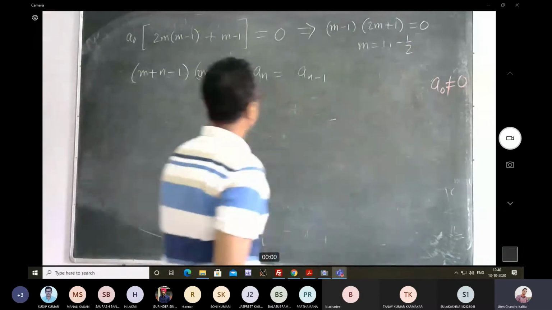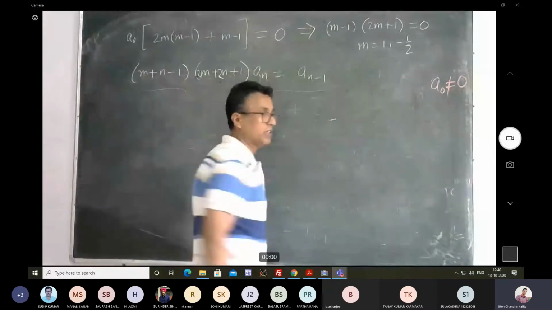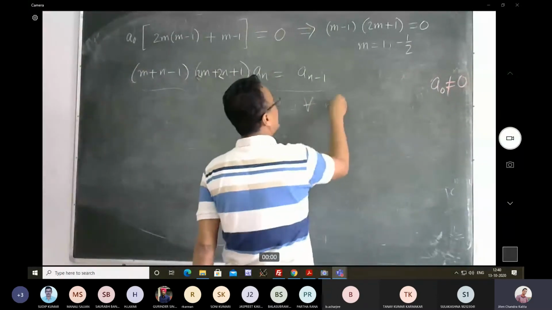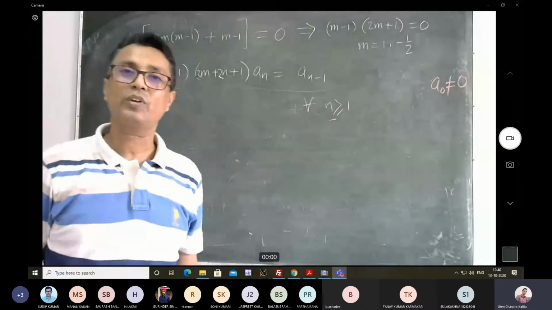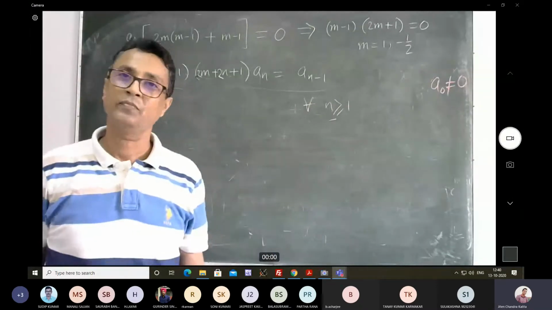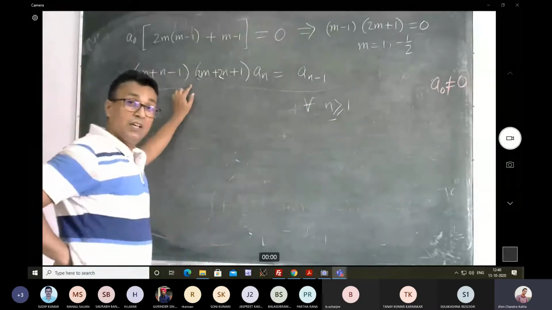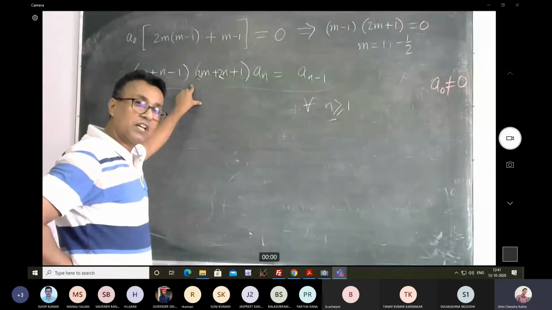And you know this relation, you must write that this relation is valid for all n greater than or equal to 1, n being integer. Is it okay? Fine. Because this recurrence formula has come from the infinite series starting from n equal to 1.